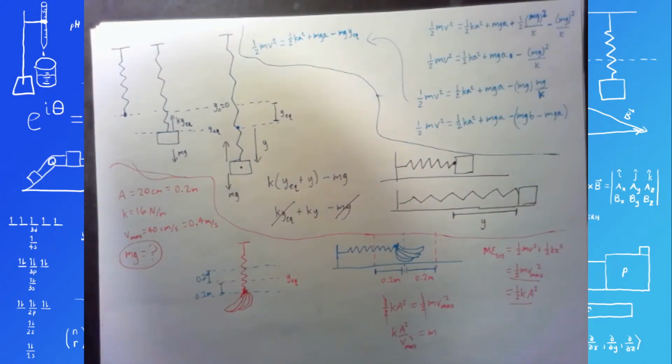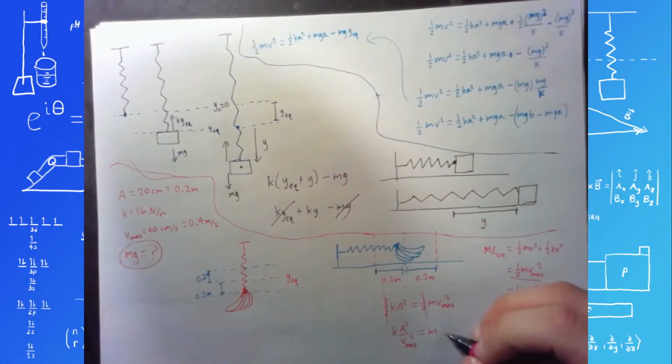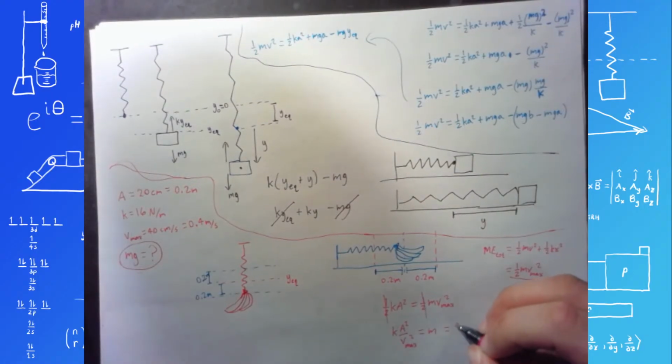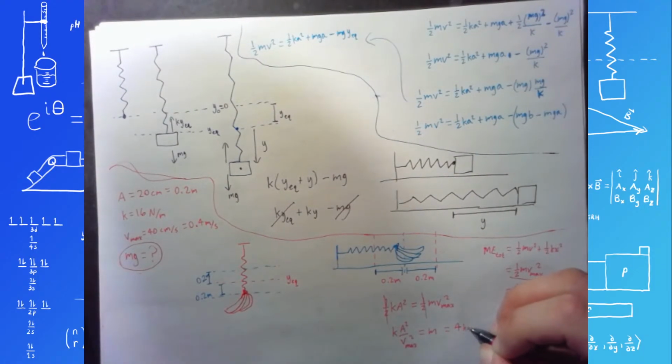And if I plug in my numbers, what do I get? 16 times 0.2 squared over 0.4 squared is exactly 4. I get m is equal to exactly 4 kilograms.